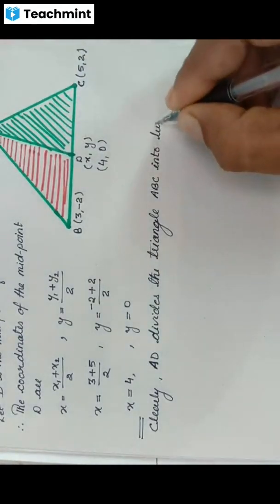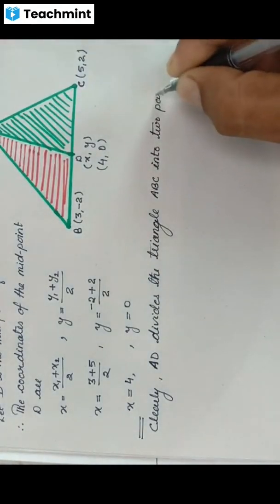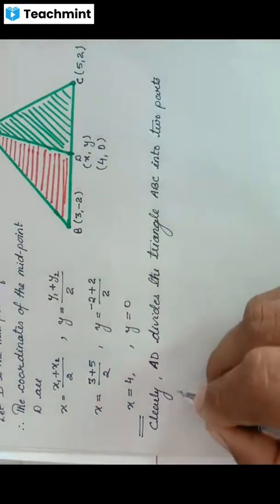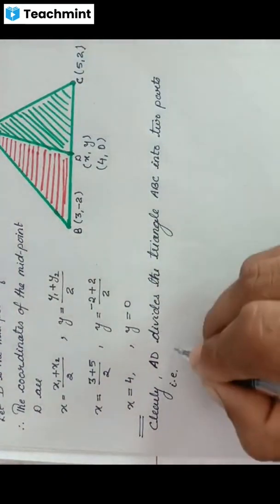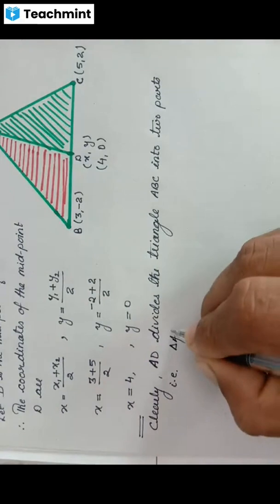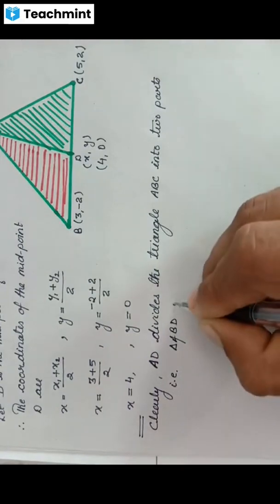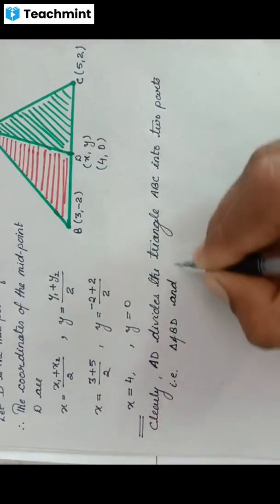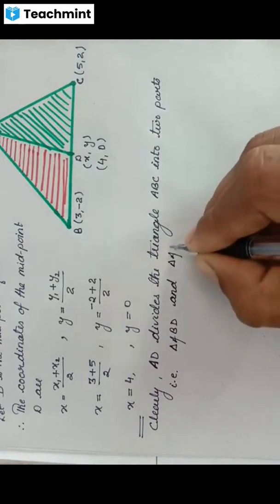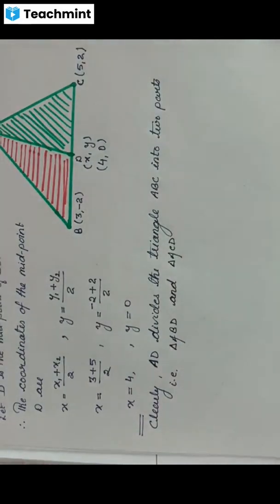What are those parts? Triangle ABD and triangle ACD. It is clear.